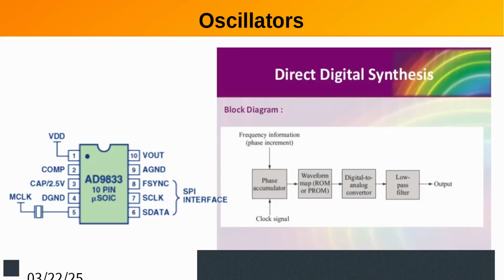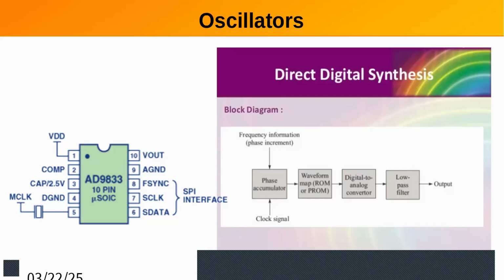As it's generating those, you feed them into a digital to analog converter and then filter it to get it back to an analog waveform. So whatever pattern you program in the ROM, you can generate it at different frequencies depending on what your clock is.